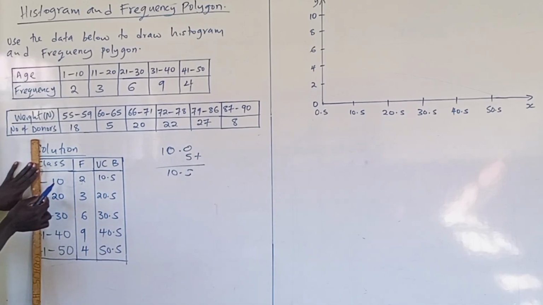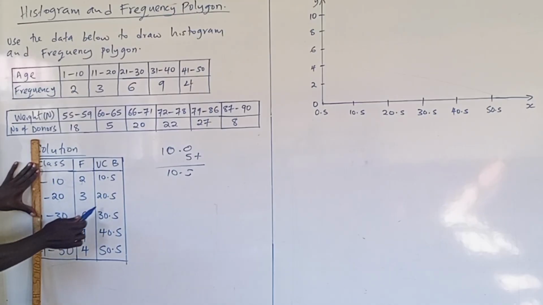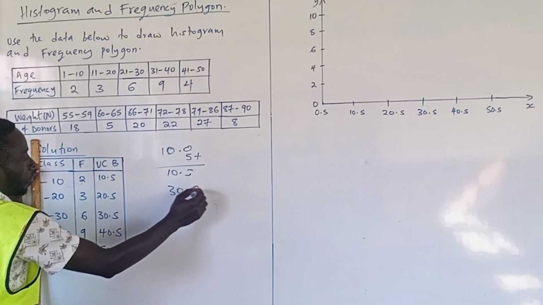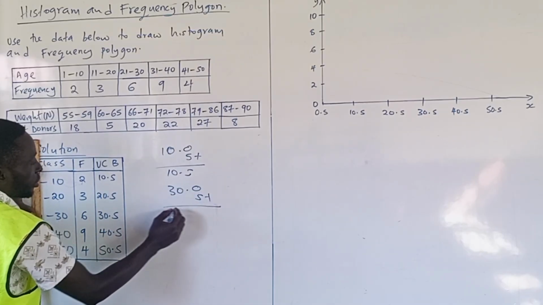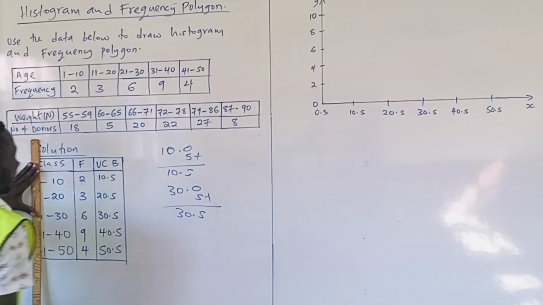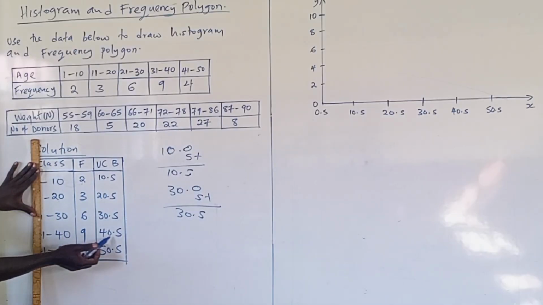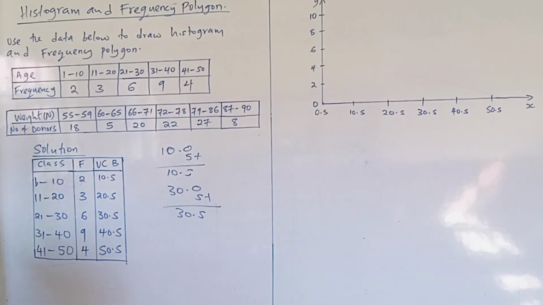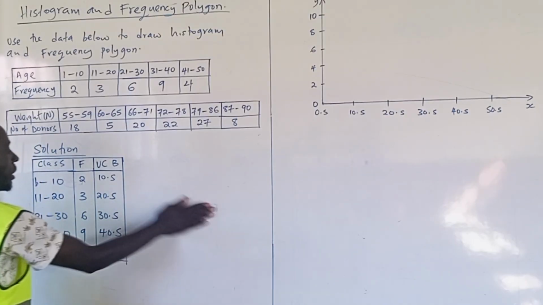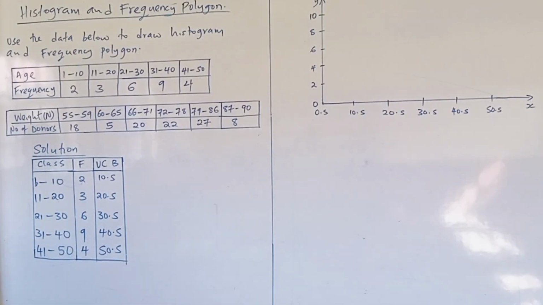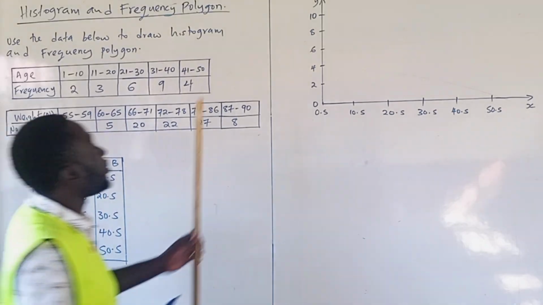So the upper class boundary for this will be 10.5. For 20, 20.5. For 30, it will be 30.0, then you add 5 below it, you get 30.5. That means then at 40 is 40.5, then at 50 is 50.5. Then after coming up with the upper class boundary, then you draw a graph.